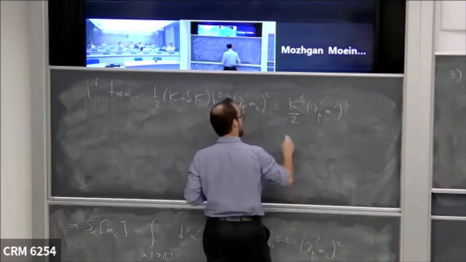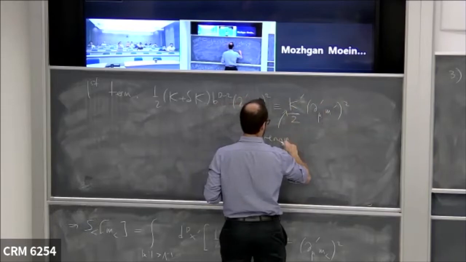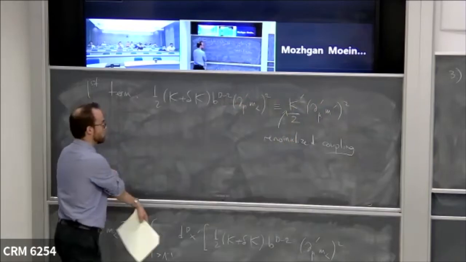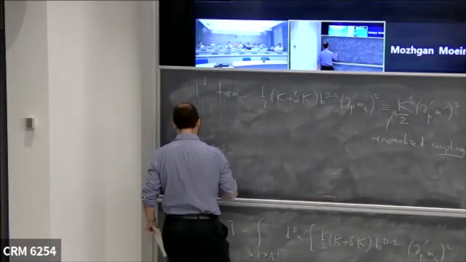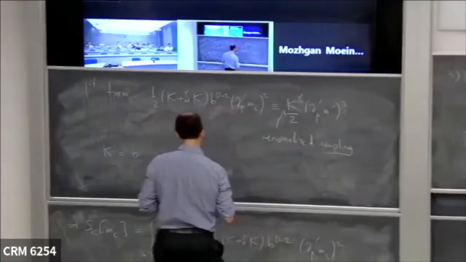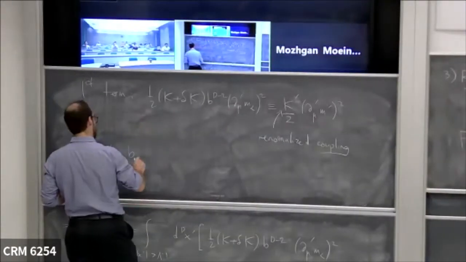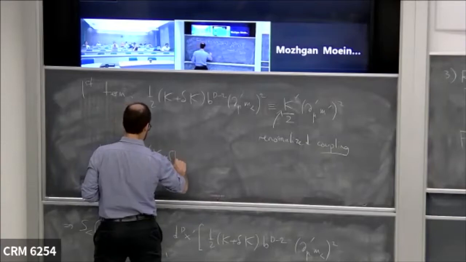Everything is primed. So this k prime is a renormalized coupling, and we can find the relation between the renormalized coupling and the original one. Using this relation between m prime and m lesser, we get b to the minus eta, k plus delta k.